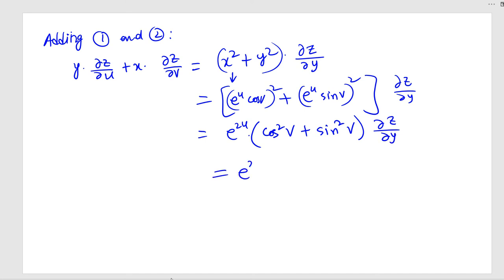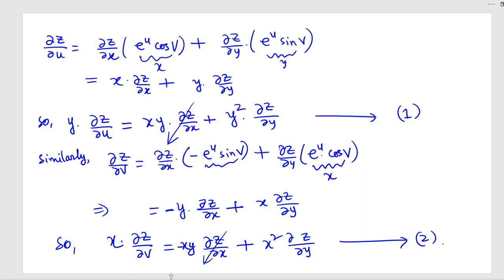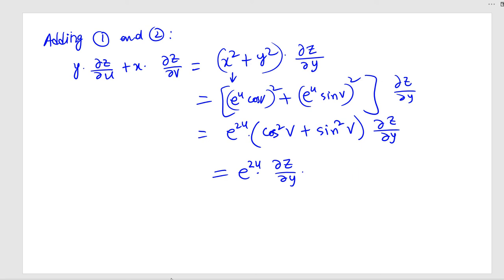So you get here e to the power 2u times del z del y. Is that what we have to find out? Yes, it is there. So you need to find out this relation. Hence, the result is proved now.